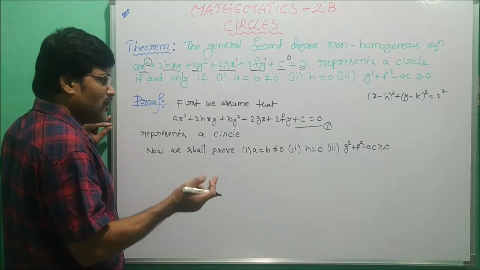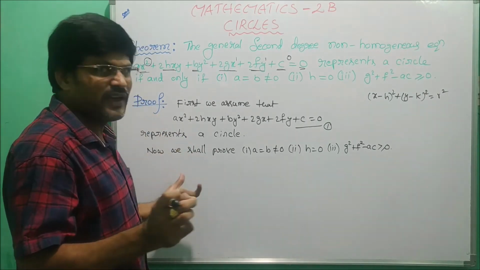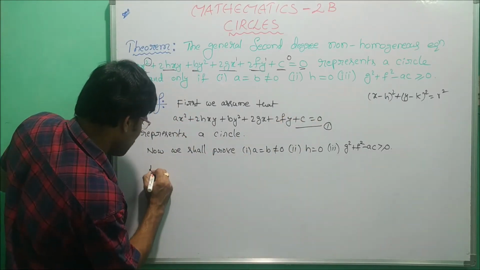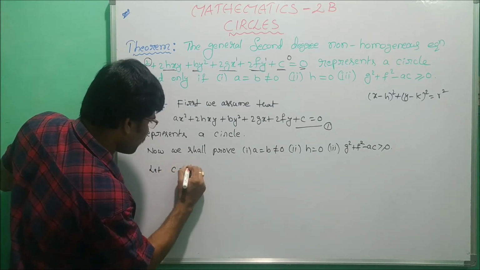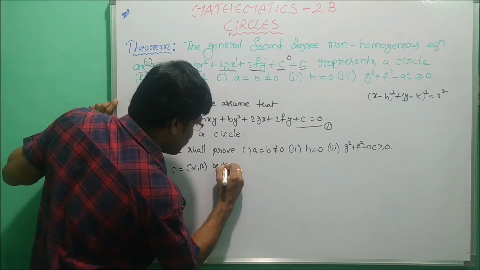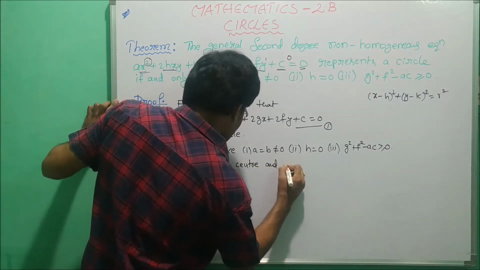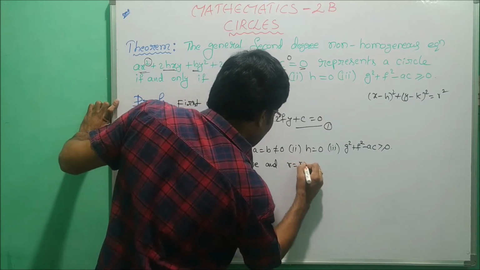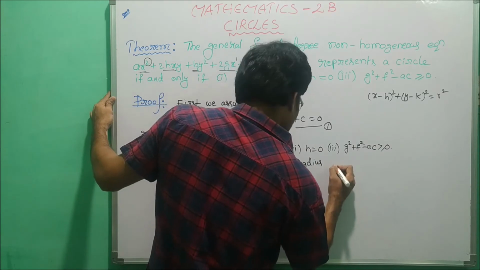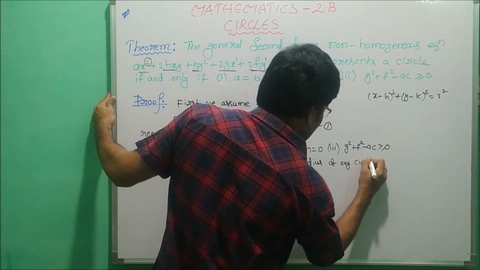To prove these three conditions, first of all, we take the center and radius to find the equation of a circle, as already discussed. Here let C equals alpha, beta be the center and r equals the radius of any circle.